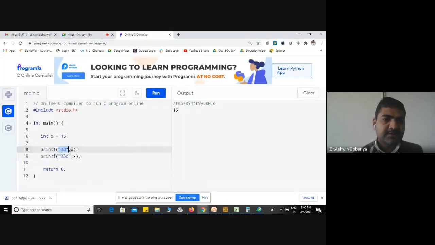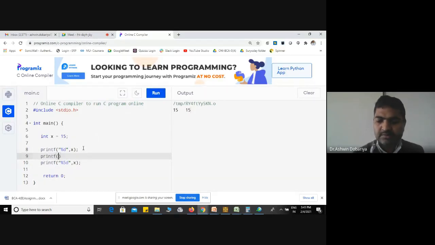Here I have mentioned %5d x, then I'm mentioning %5d x again. In between, I will use \n in printf, right? That's why first it will display the value of x, then next line, then it will display.